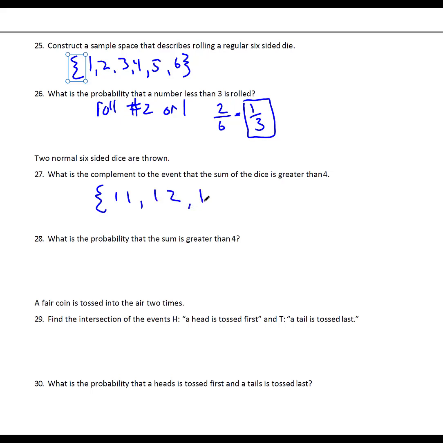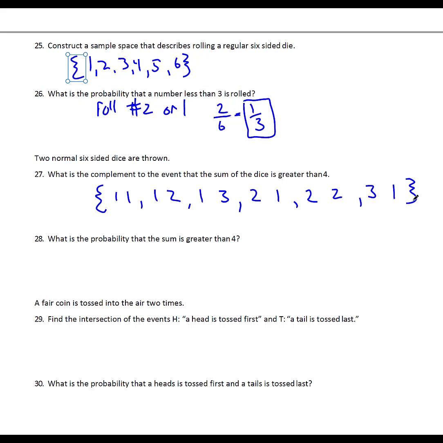You could roll a 1 and a 3. That would give you 4, okay? What are the other options you could roll? You could also roll a 2 on the first die and then a 1. You could also roll a 2 with another 2. And the last option, if you rolled a 3 on that first die, you can only roll a 1 on the other die to see a number that is less than 4.